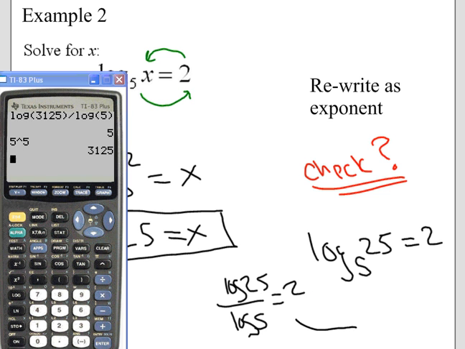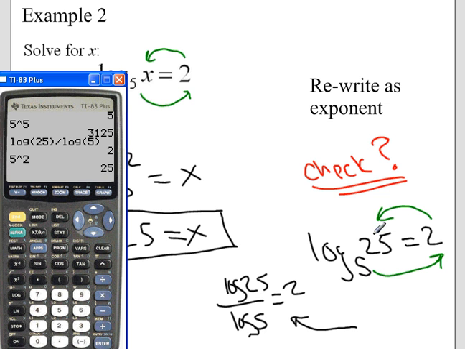Check if this is accurate. So log 25 over log 5. Let's hope that's 2, and it is 2. And you can also check it by going back to exponential form. And that would just be 5 squared. Check that that goes to 25, and it does.